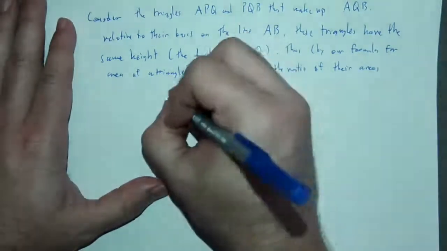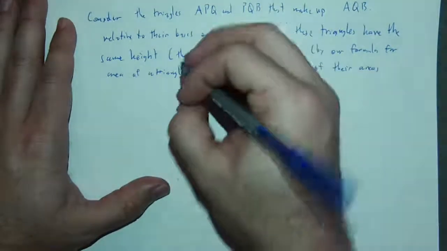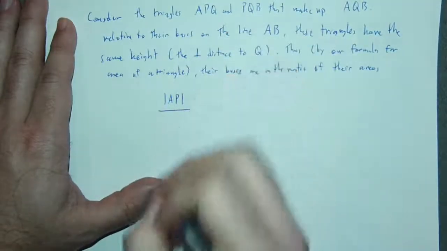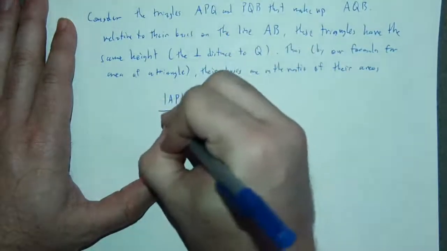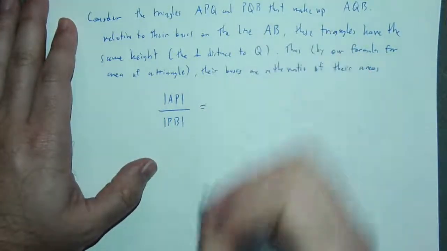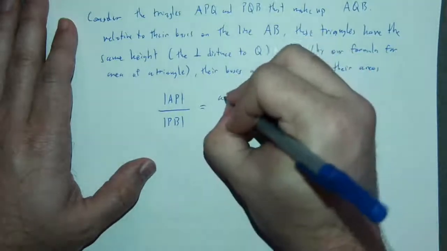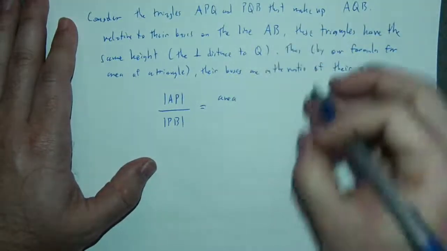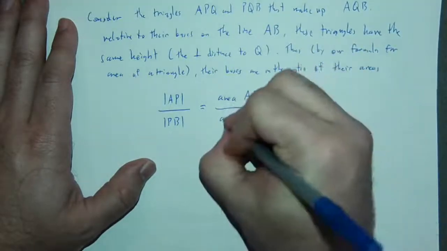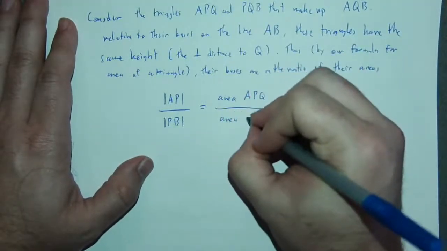So what this means then is the length of AP over the length of PB has to be equal to the ratio of the areas corresponding to these. So the area of triangle APQ divided by the area of triangle PQB.